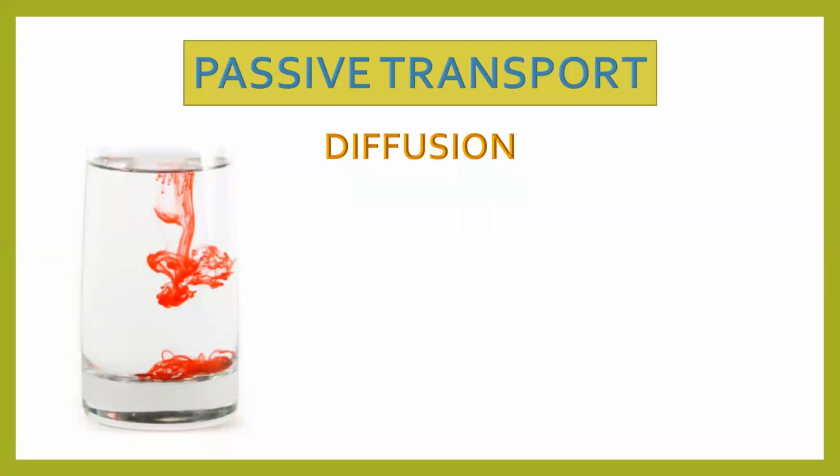The way the color mixes in water on its own without us using any energy behind it is a very ideal example of diffusion. Similarly, small molecules like oxygen and carbon dioxide will pass through the membrane so easily. And in such cases, energy is not required at all.